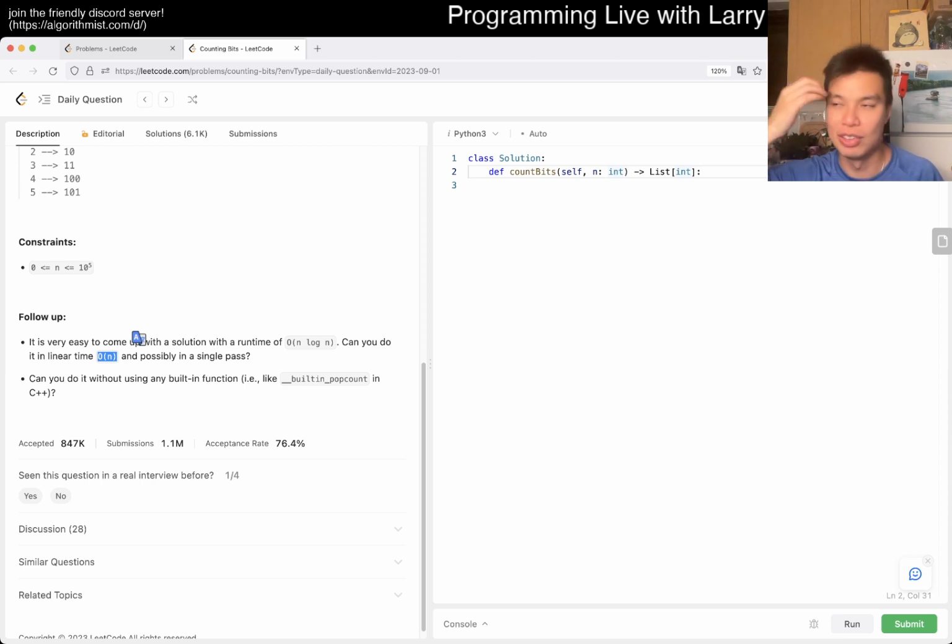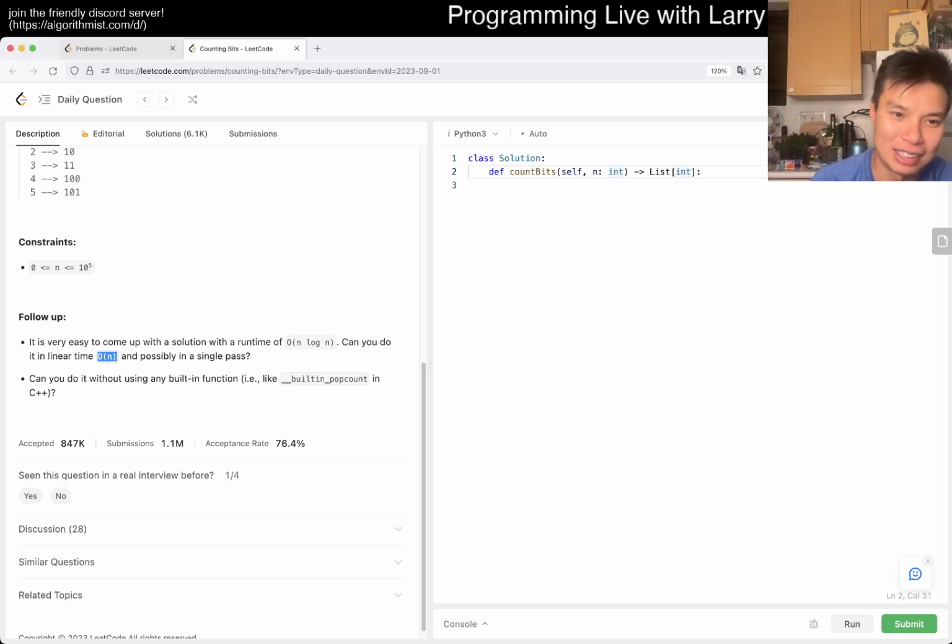It's exponential because let's say n is equal to 1024. That's 10 bits to represent it, and you're doing a loop at least 1,000 times. That's exponential. I know that I'm spending a little bit of time here, but I want to focus on this linear time.